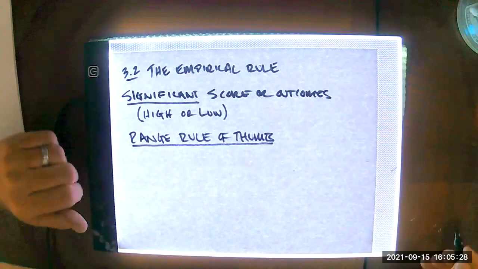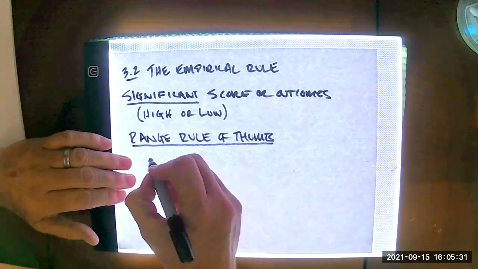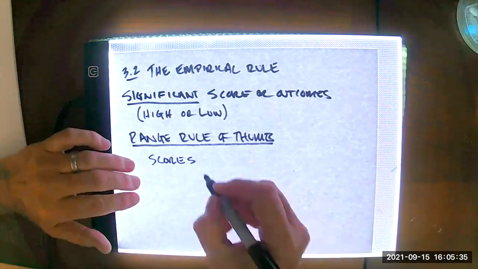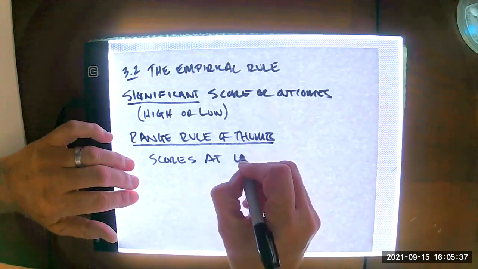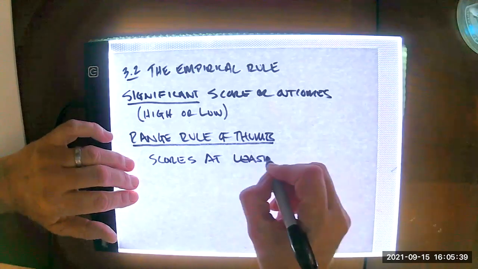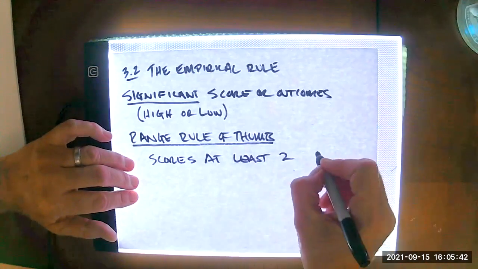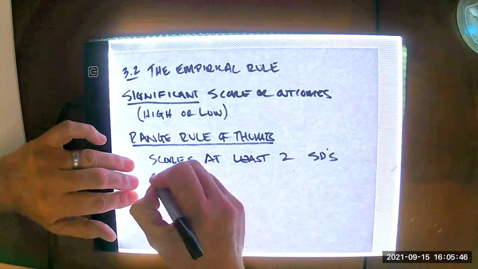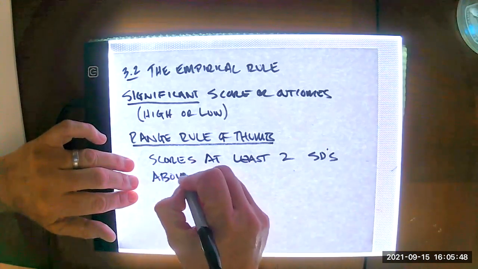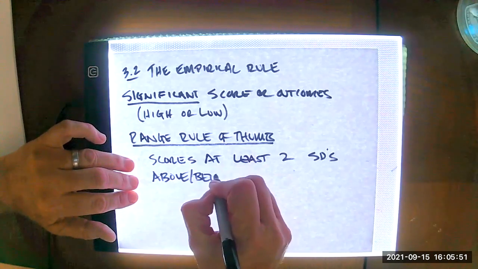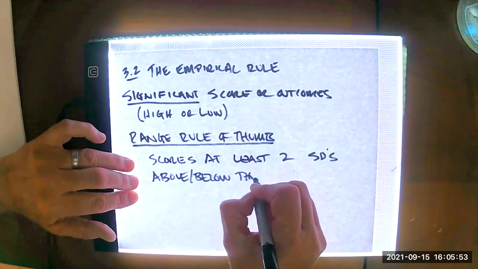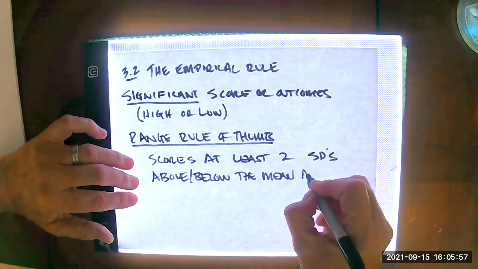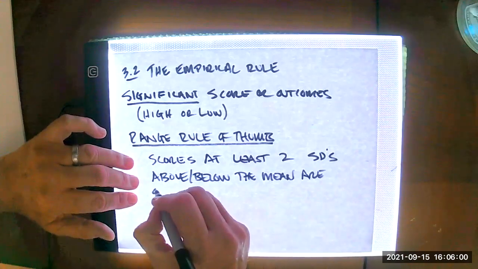The range rule of thumb says that scores at least 2 standard deviations above or below the mean are significant.